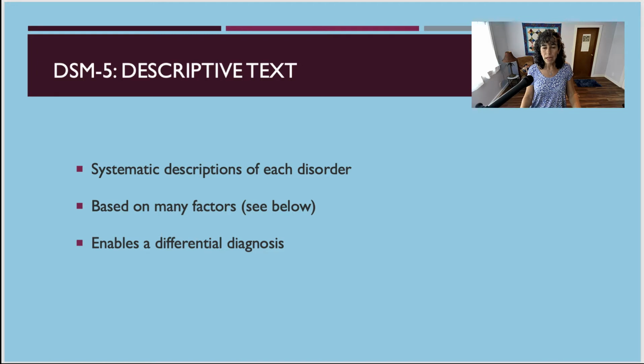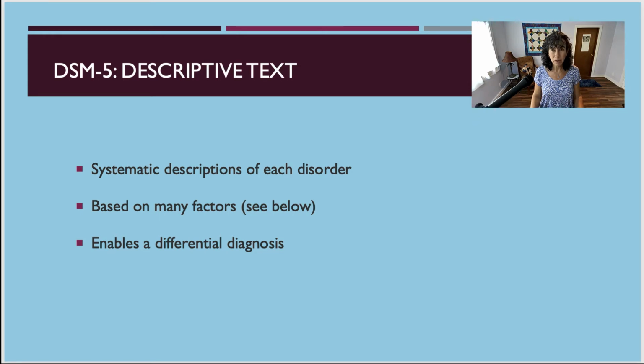So we go through this text and read it very closely to determine diagnostic features, associated features, prevalence, subtypes, the development and course of the condition, risk and prognostic factors, and these are all in your presenter notes, whether it's culture-related, gender-related, all of that information.